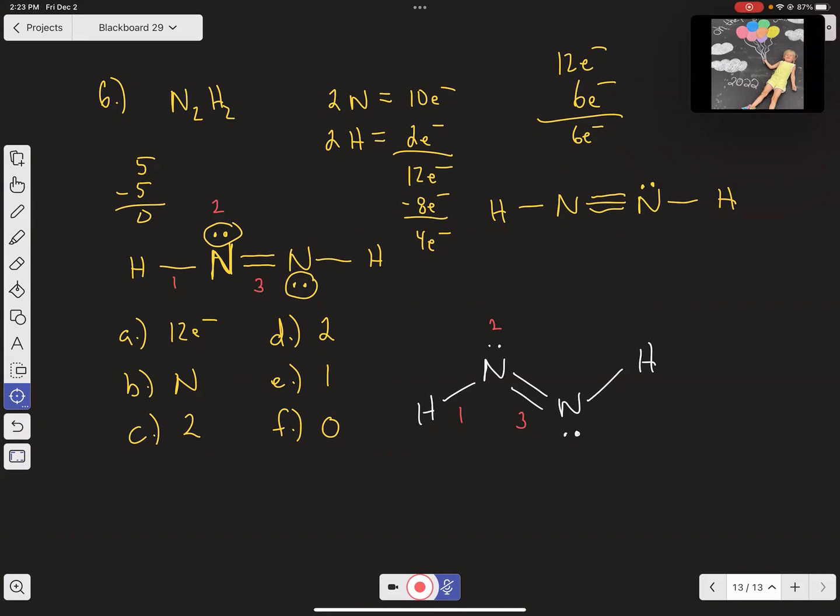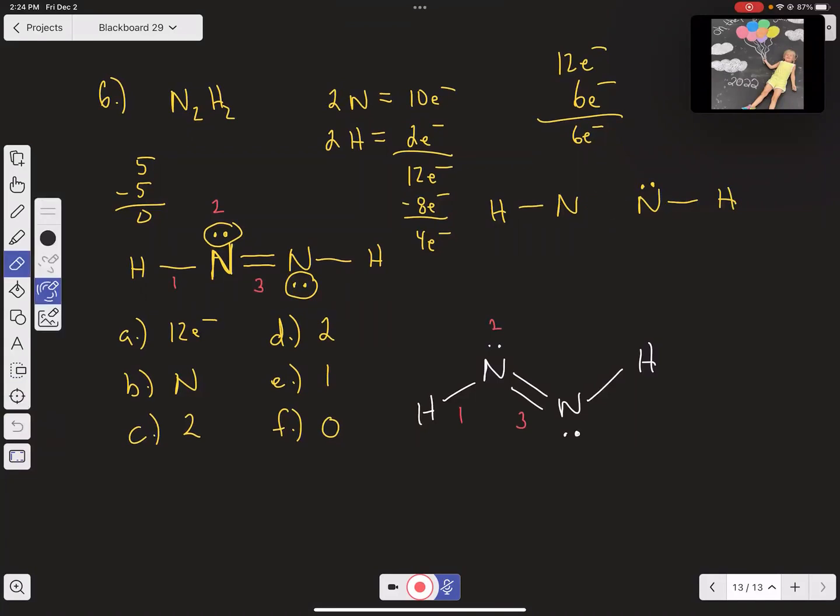So it will take a little bit of practice in making these Lewis structures, but the question you always want to be asking is, did I violate the octet rule? Yes or no? And then what are my formal charges? And that's going to help you figure out if you're on the wrong track somewhere with your Lewis structures.